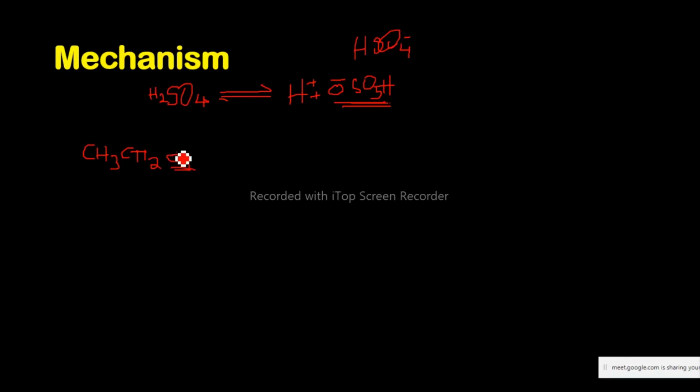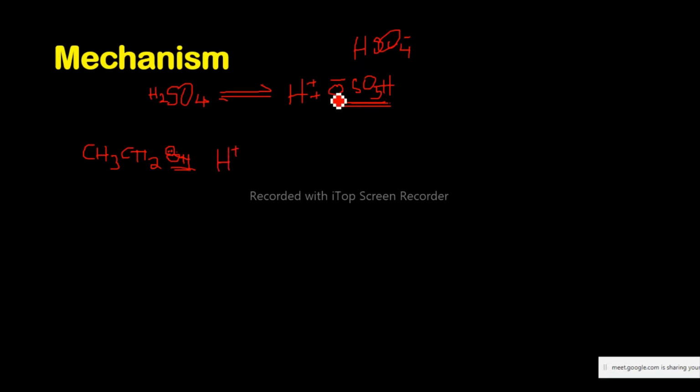So how are we going to do it? This is oxygen. It has a lone pair of electrons. In fact, two lone pairs of electrons, but for us here, we are interested in one. And this is how we represent a lone pair. Now, this hydrogen is a proton. It has lost its one electron.